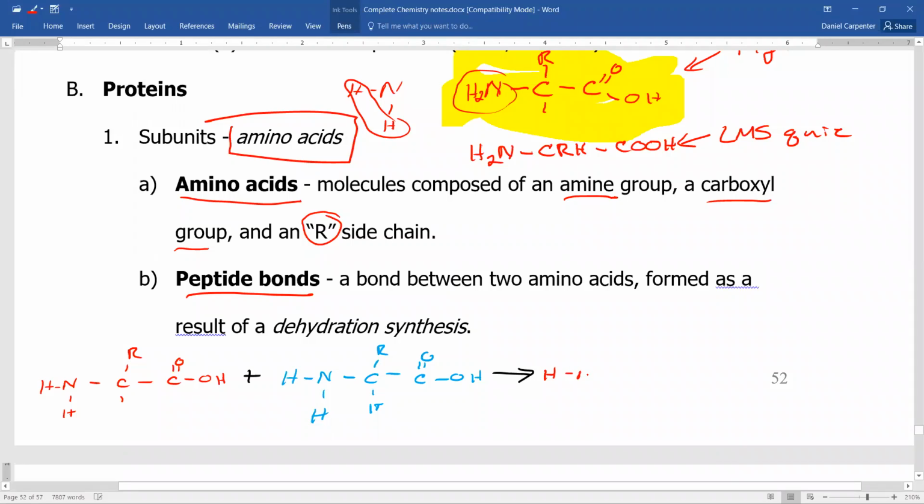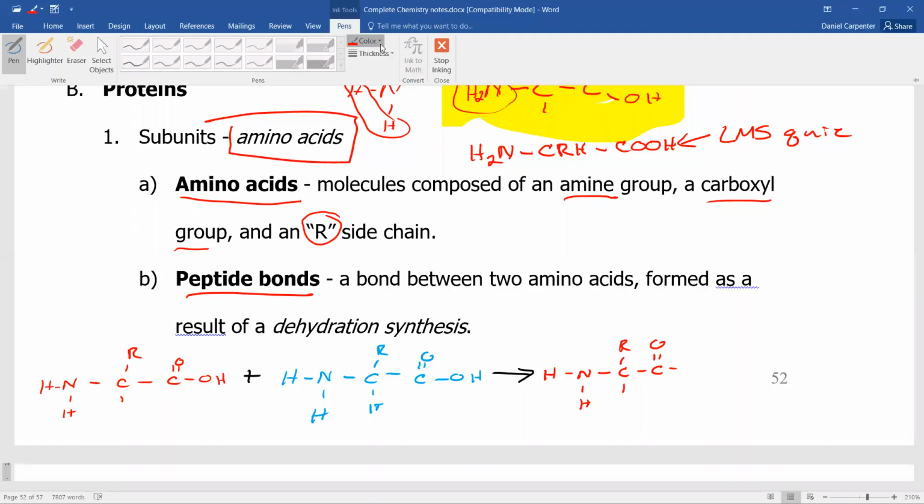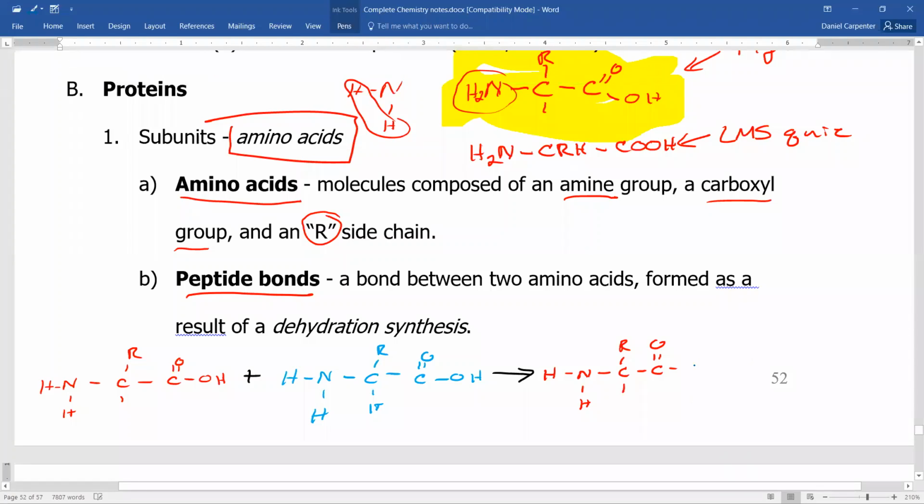H, N, H, C, H, R, C, double bond O, and now the blue, N, H, C, R, H, C, double bond O, O, H.